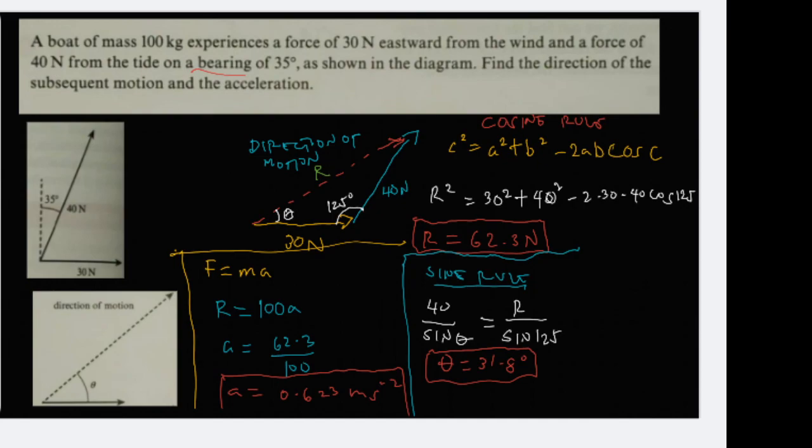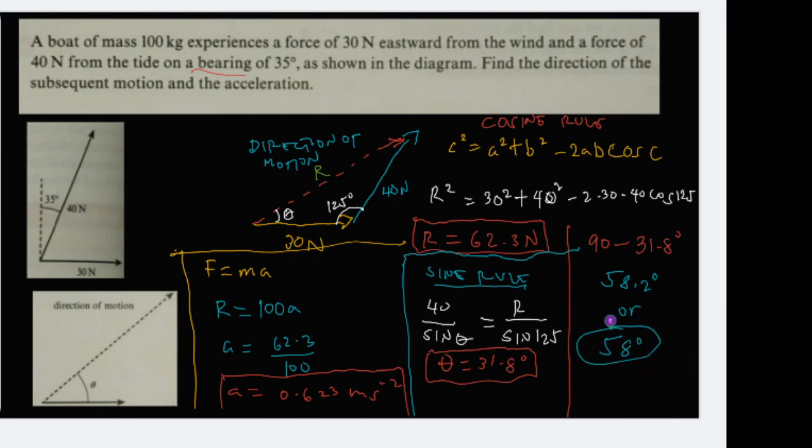So what are we going to do to find the final answer? We will just have 90 minus 31.8 degrees. If we use our calculator, that will give us 58.2 degrees, or we can just round it up to 58 degrees.